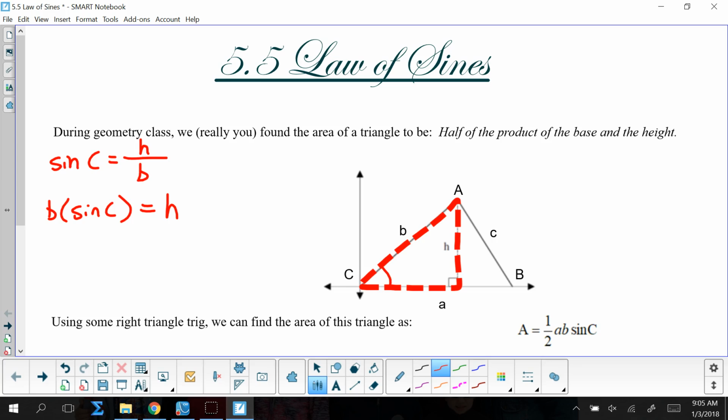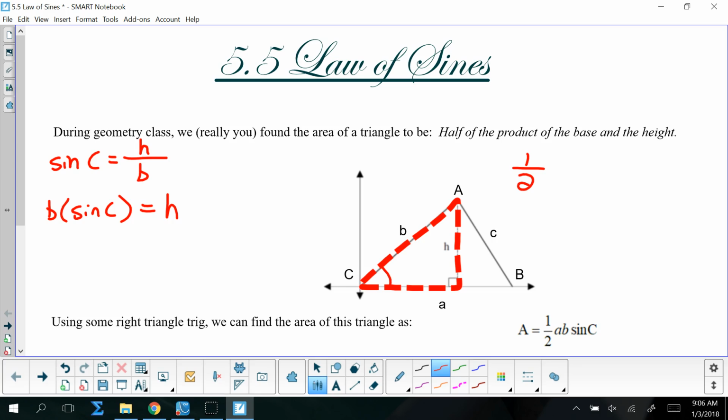So that when it comes to 1/2 of the product of the base and the height, so that's 1/2, the base, what's the base of the big triangle now? Side A, right?